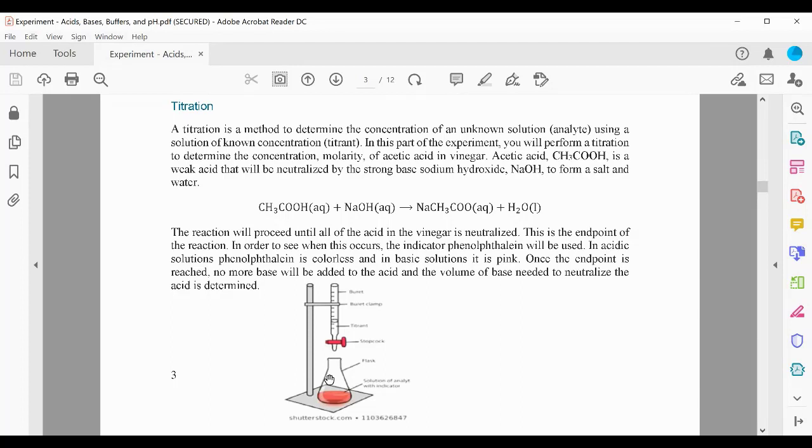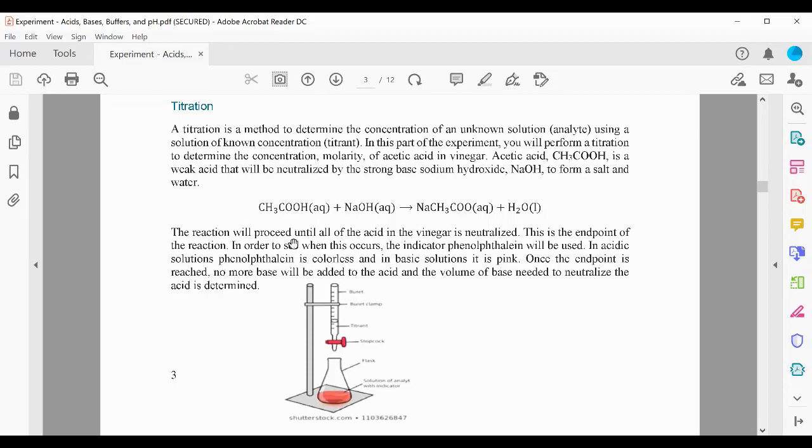Acetic acid is in the beaker, and then we are adding sodium hydroxide from the burette, that's our titrant, to slowly neutralize. And the equivalence point is when, in this reaction, it is 1:1. 1 mole of sodium hydroxide reacts with 1 mole of acetic acid.